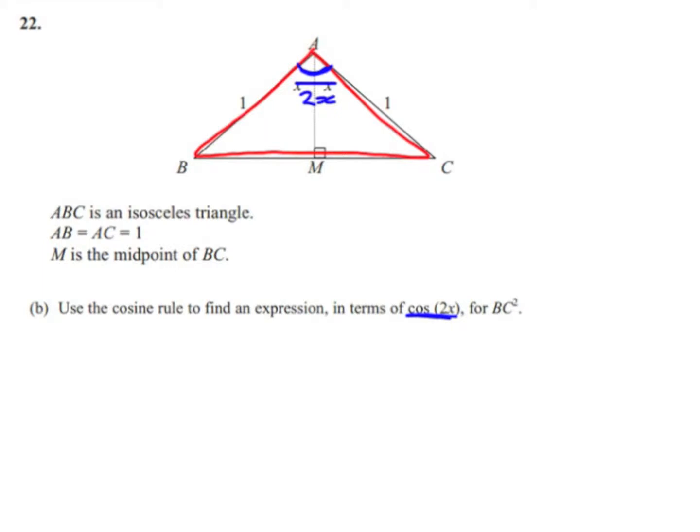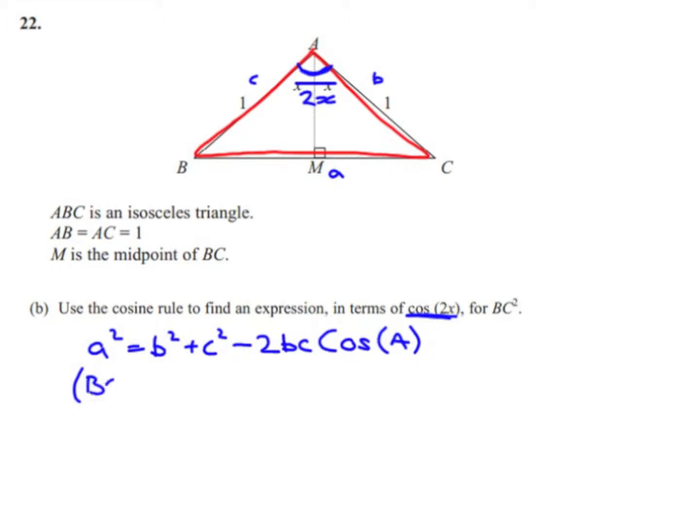Now because we don't have any right angles in this triangle, we need to label it in a different way, using little a, little b and little c, opposite the angles big A, big B and big C. And because we've got cos, we're going to use the cosine rule, which says that a squared is equal to b squared plus c squared minus 2bc cos of capital A. Now if we substitute in what we know, a in our diagram is BC. b is 1, c is 1, and capital A, the angle, is 2x.